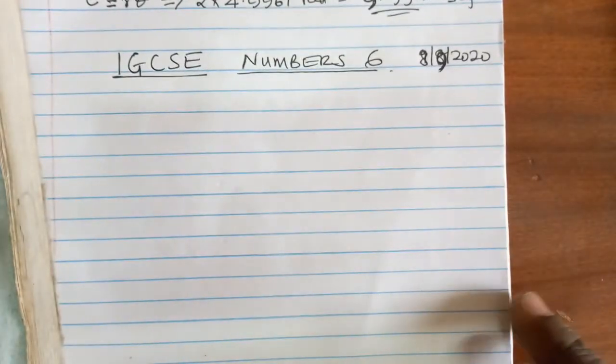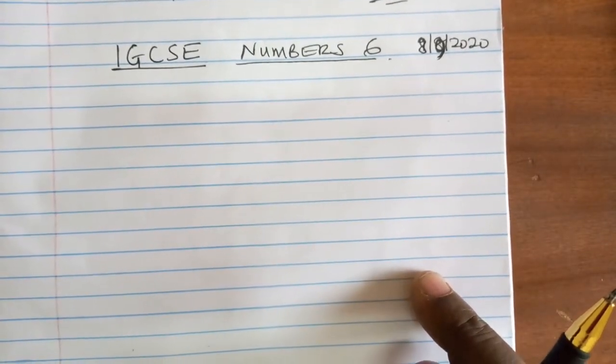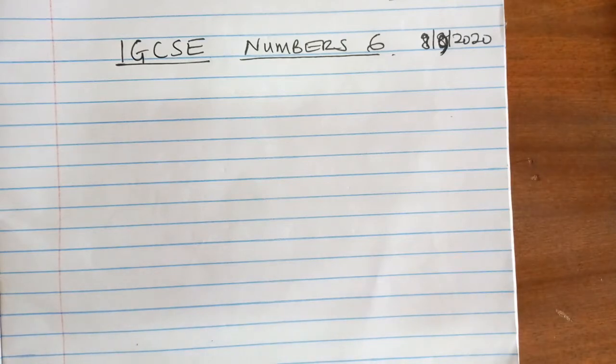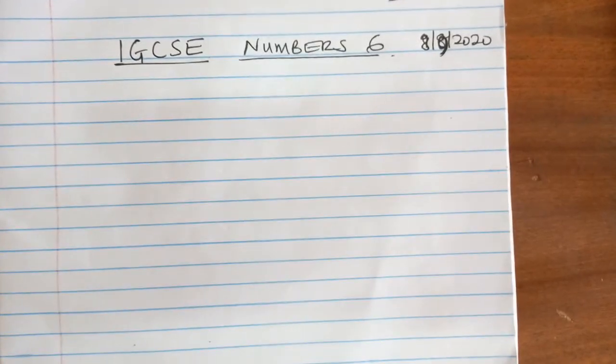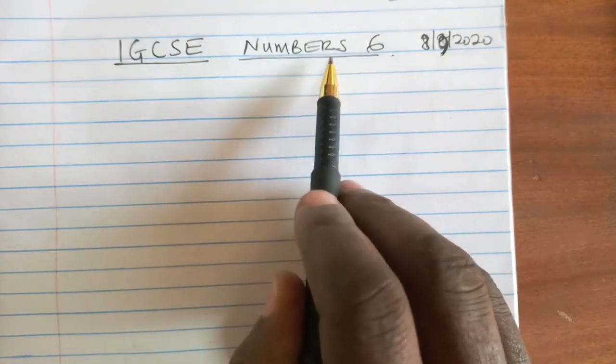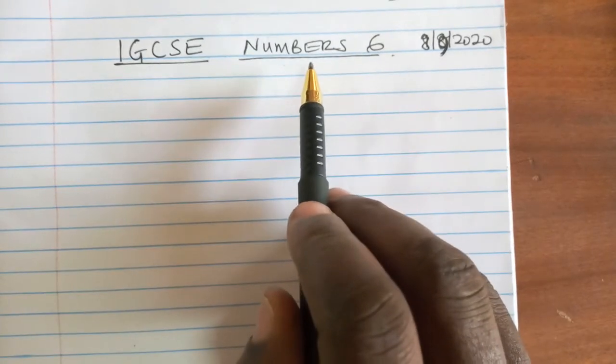Now that you have stepped into Year 11, I would want to introduce this book to you and tell you that it's very critical that we follow all the examples and explain everything that is happening in this book. I'll start with Number 6, which is the very first topic in this textbook.